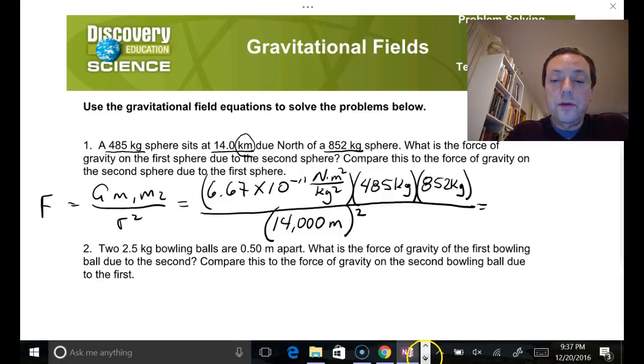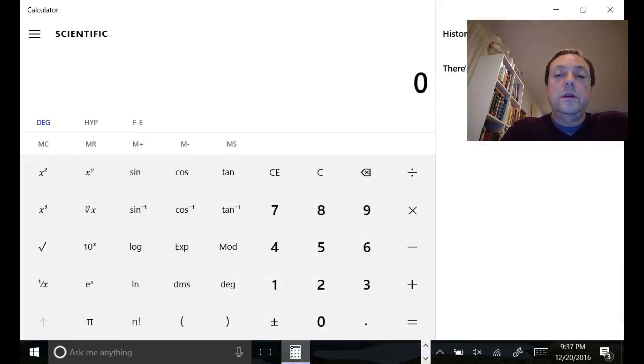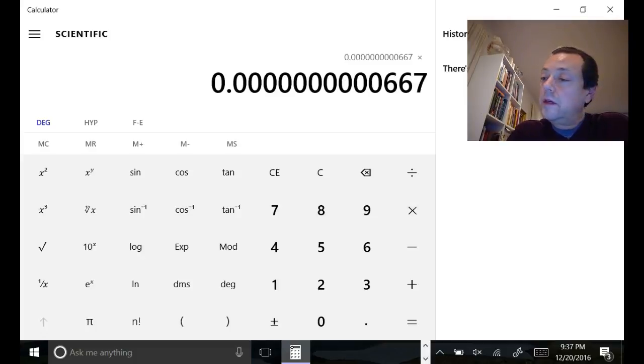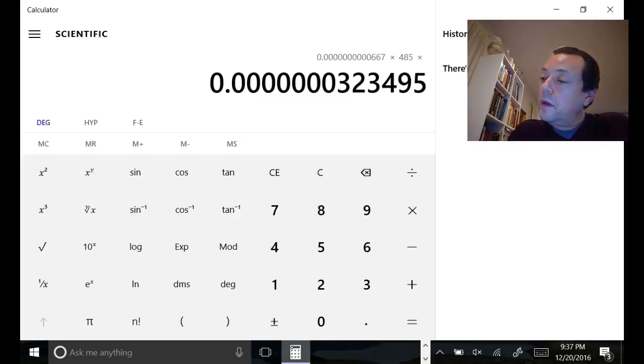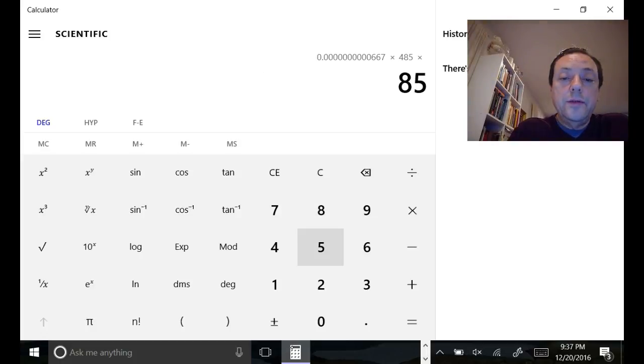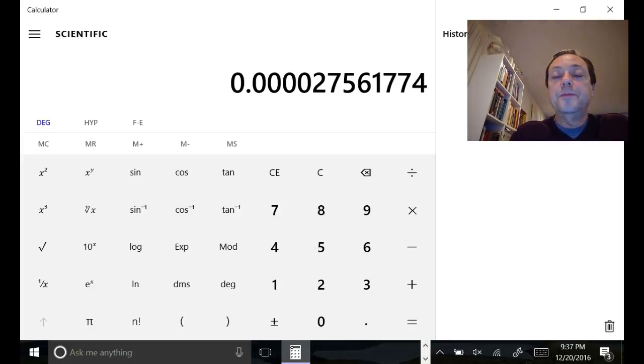Okay, so let's see if we can work that out. 6.67 to the minus 11th times 485 kilograms times 852 kilograms.